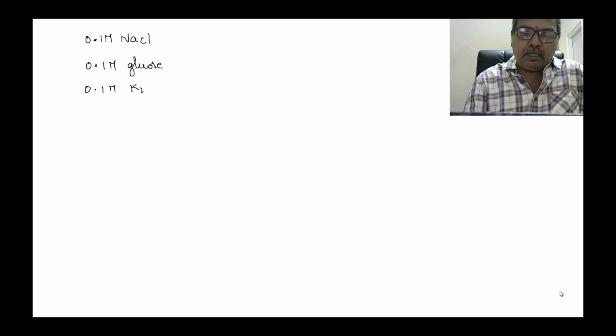For example, 0.1 molar NaCl, 0.1 molar glucose, 0.1 molar K2SO4 and 0.1 molar aluminum sulfate.